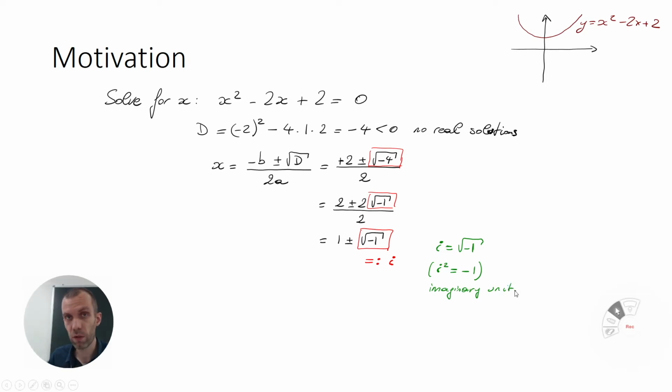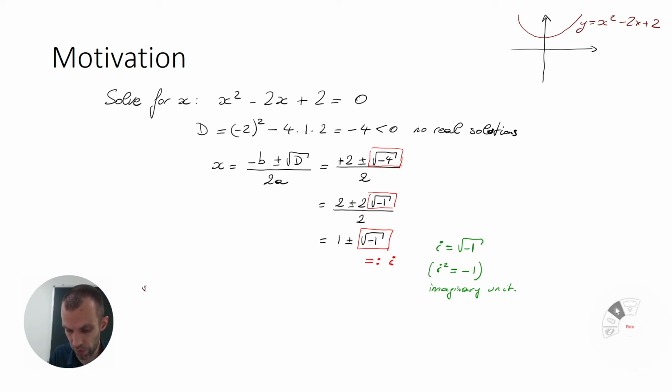And we see if we're willing to accept that this i thing makes sense, then we can solve this quadratic equation and we get two solutions, 1 plus or minus i, that basically makes sense just the same. So there are two conclusions that we can draw from this.